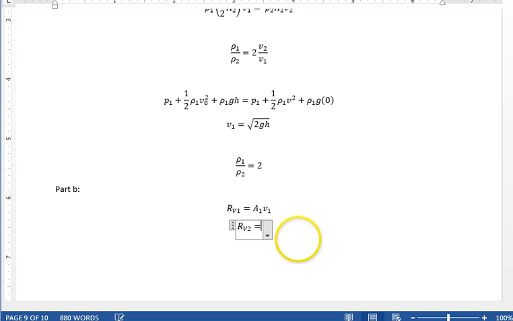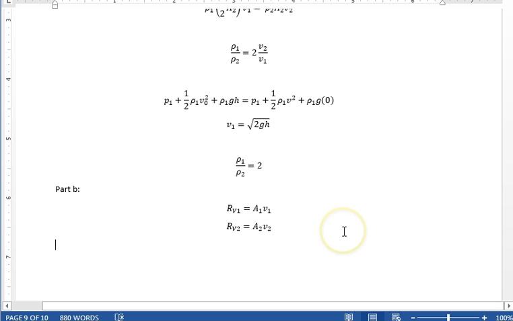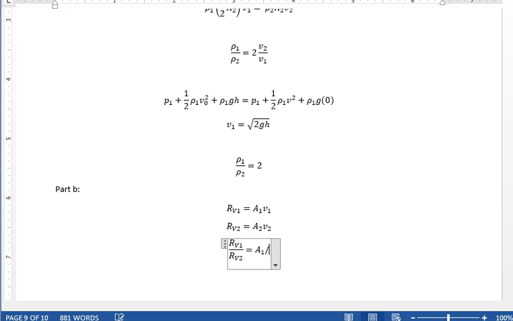RV2 is A2 V2, and we want the ratio RV1 divided by RV2, so A1 V1 over A2 V2.